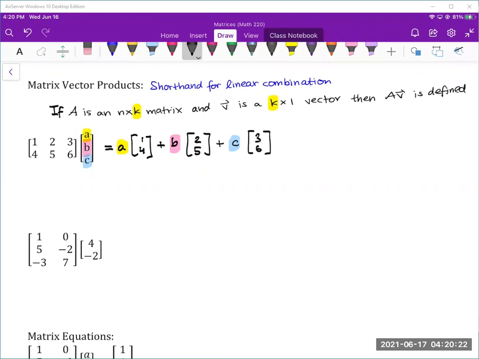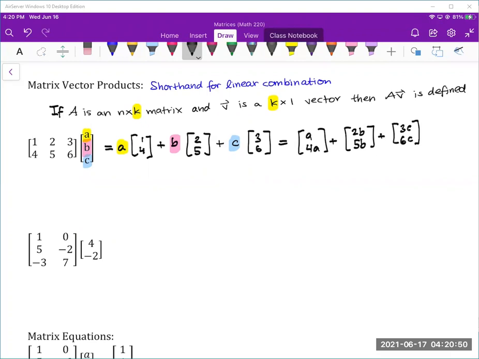Okay. If we wish to, we can further combine these. We can express it as a single vector. Right? Notice that we're going to do scalar multiplication here. So we have A, 4A plus 2B, 5B plus 3C, 6C.